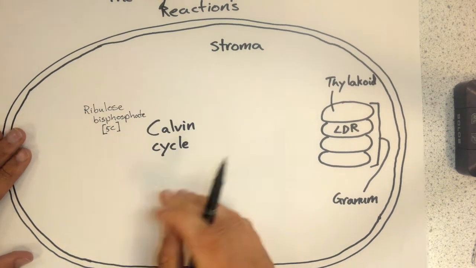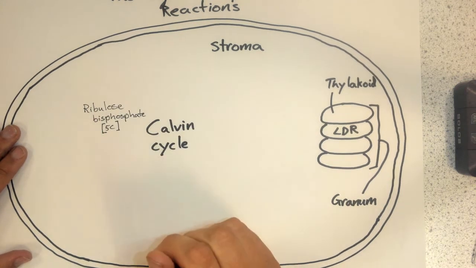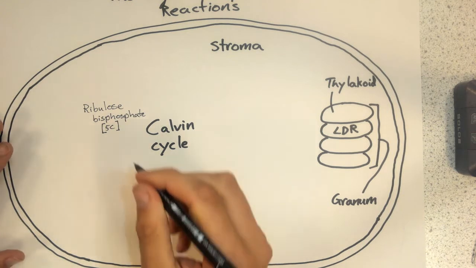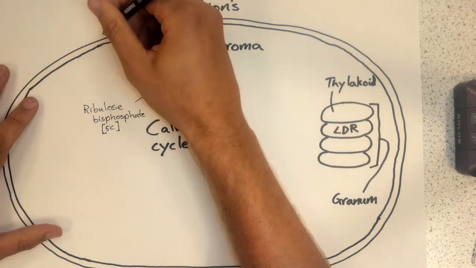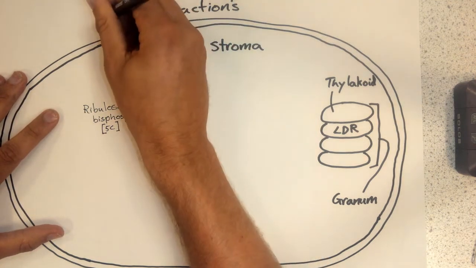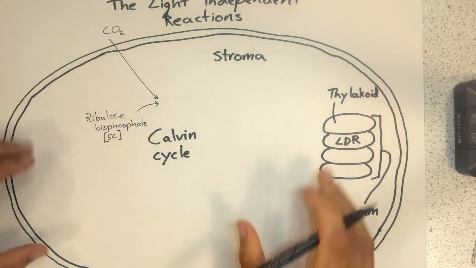And when I'm explaining the Calvin cycle, I think it's probably the easiest place to start. Ribulose bisphosphate reacts with a molecule of carbon dioxide that has entered the chloroplast.